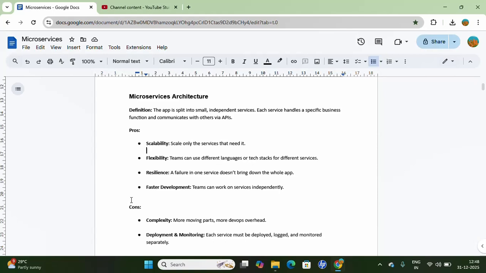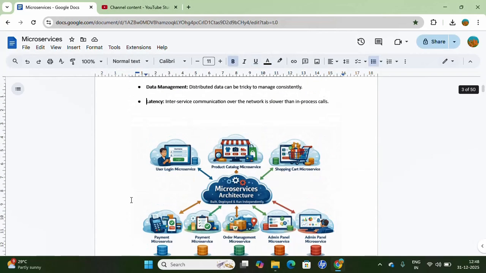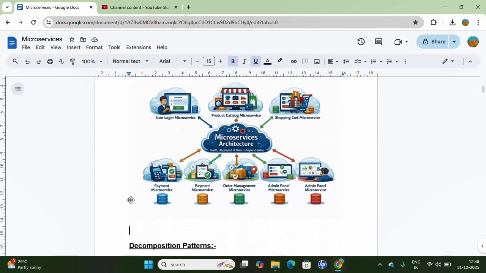What it means is, previously, the entire application contained all the business functionalities, right? So if anything happened, the entire application would go down. But here we divided the application into multiple services. Let's say, for example, we have around 7 services.